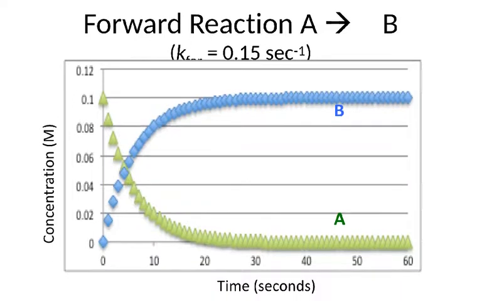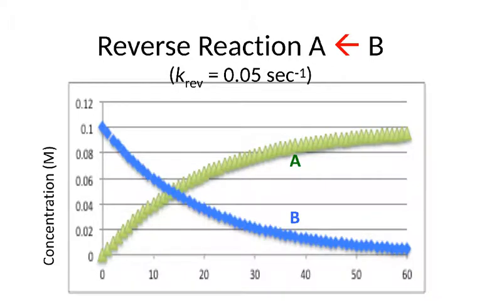So here's an example. If we look at this simple reaction of A going to B, we have a forward rate of 0.15 per second. You can see that at some point here we run out of A and everything has converted over to B. But what happens if we add in a reverse reaction where our B is also being slowly converted back over to A?